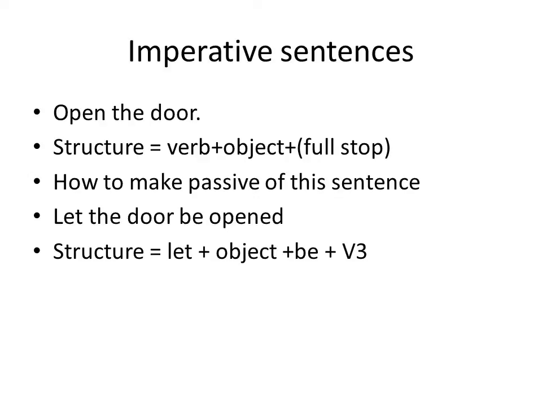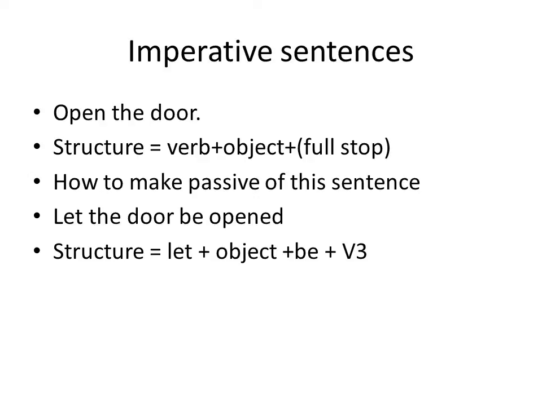We know how to find the object by asking the question what or whom. Here we can use what: what do I open? As the subject is not given, I have taken I or you as a subject. Actually it is you: you open the door.